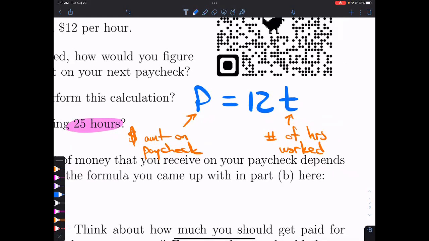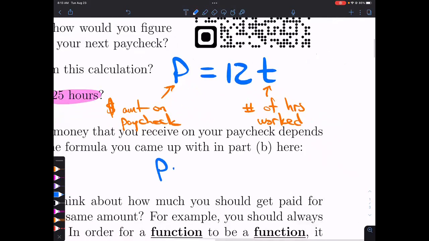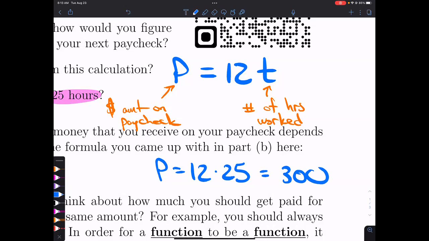Replace the T, because that's the number of hours worked, with the value that you want, 25 hours. Then follow the instructions it gives you: take 12 and 25 and multiply them together, and that gives you 300. Okay, that's the 90-second version of what we did yesterday.